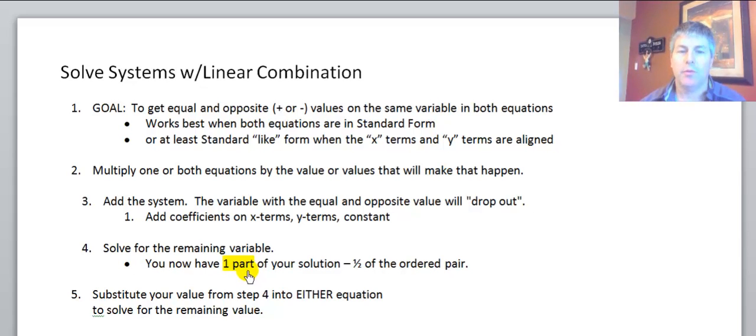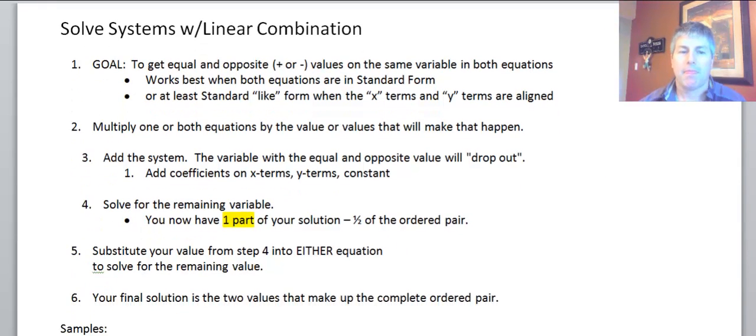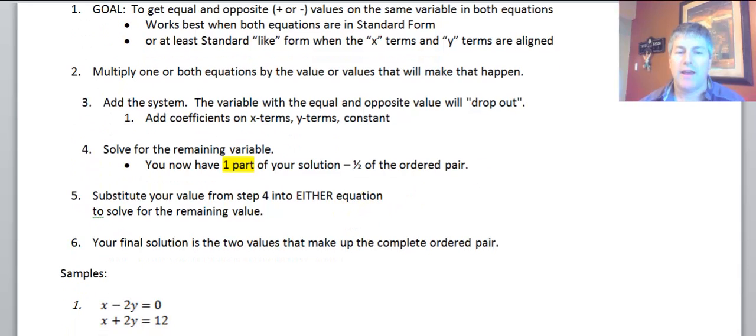That will be one part of the ordered pair, usually x or y, p or q, something like that. Finally, we take whatever we got for that variable and substitute that value into either equation. It doesn't matter, whichever one looks easiest for you, to solve for the remaining part of the ordered pair. Then your final solution is the two values that make up the ordered pair.